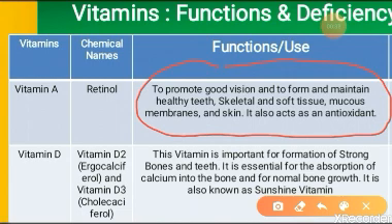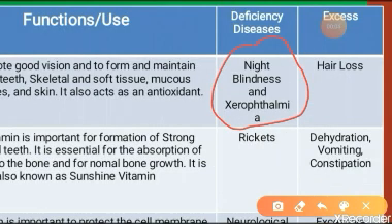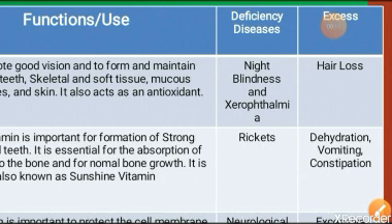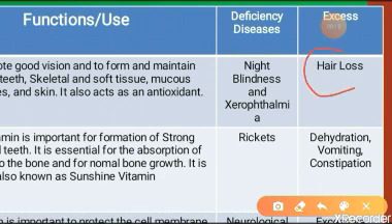It also acts as an antioxidant. Night blindness and xerophthalmia are the deficiency diseases of vitamin A. If we use an excess amount of vitamin A, there is a chance of hair loss.